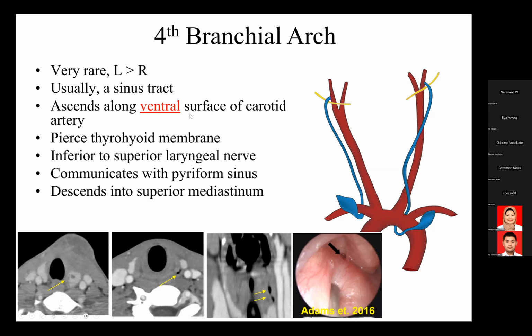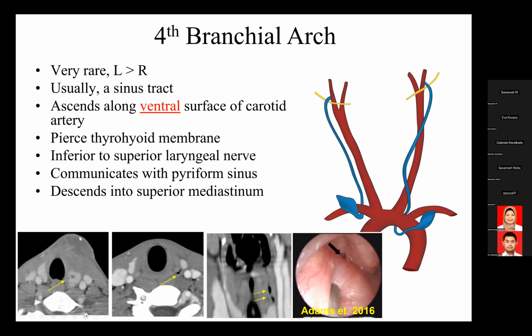So unlike the third, which extends on the dorsal surface of the carotid artery, this ascends along the ventral surface of the carotid artery. This also pierces the thyrohyoid membrane, but the main thing is the descent into the superior mediastinum. So I know when you're on your pediatric rotation, you will see patients presenting like this.